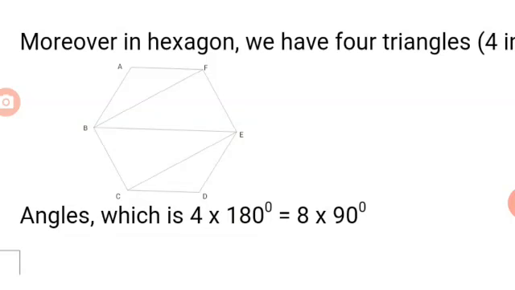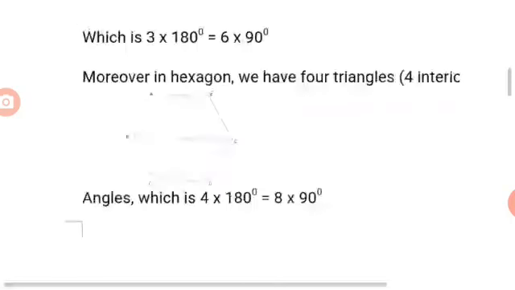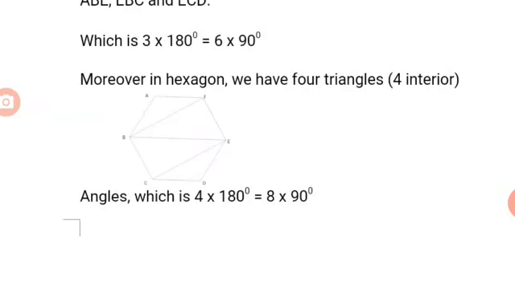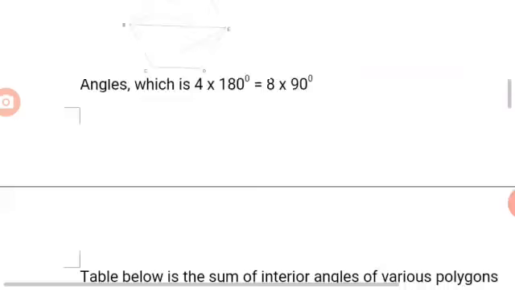In that case, we have four triangles here. So the angles sum to 4 times 180 degrees, which is equal to 8 times 90 degrees.